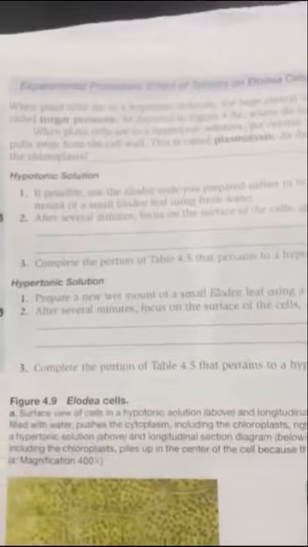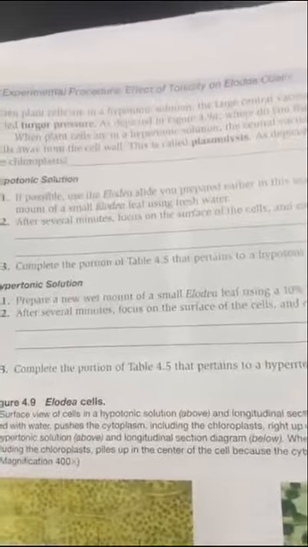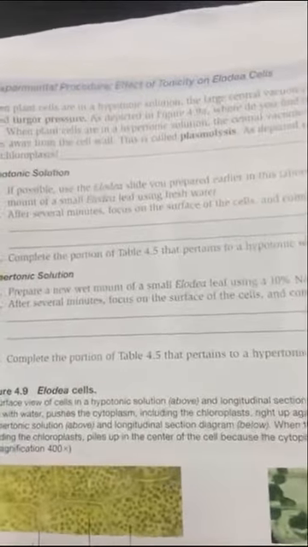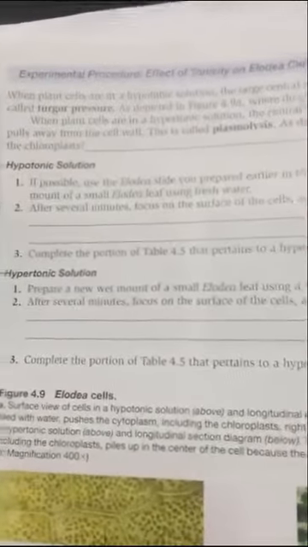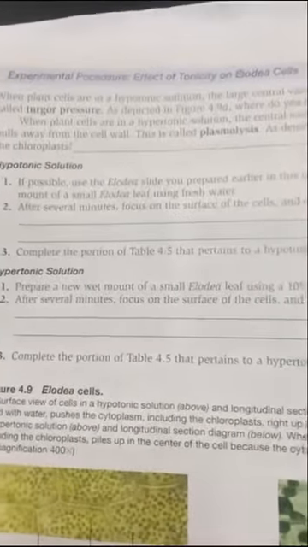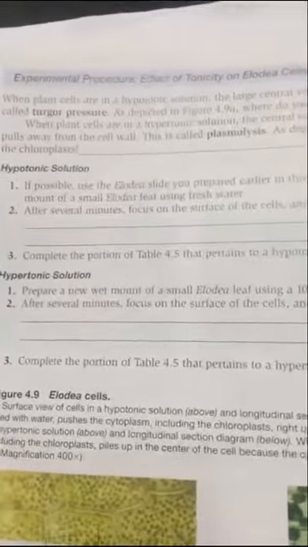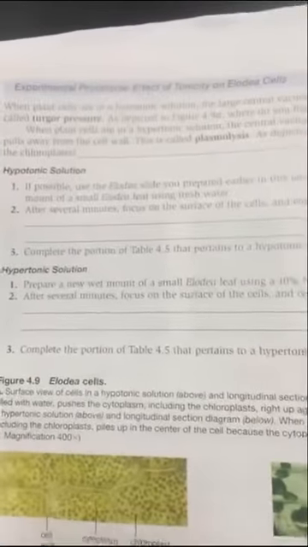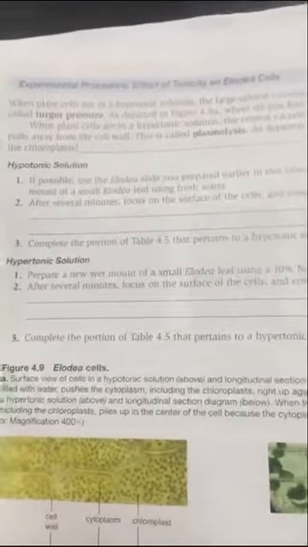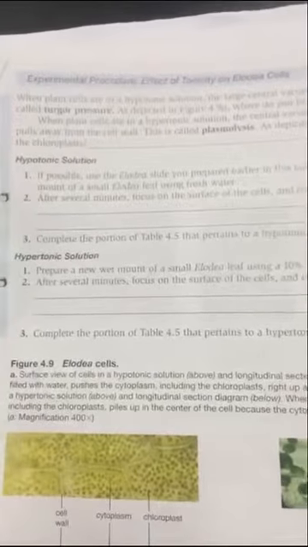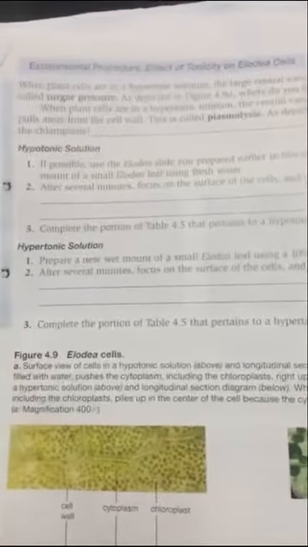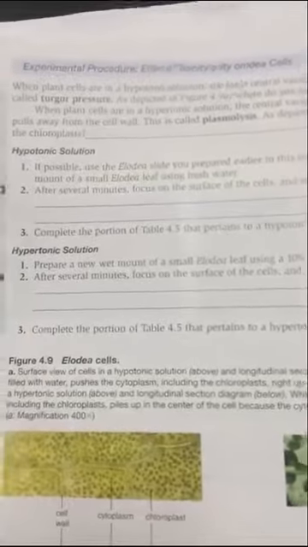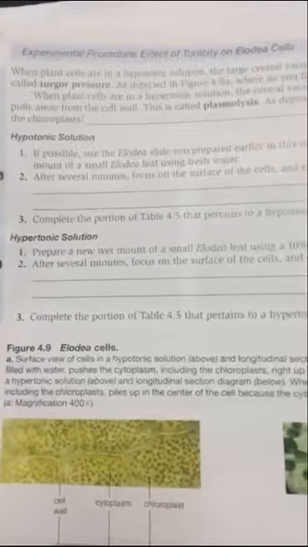So for example, if you put the Elodea on the microscope with a drop of pure water on it, well, pure water has nothing dissolved in it, so it certainly has less solute than does the cell. So you'll be able to notice what happens with that.